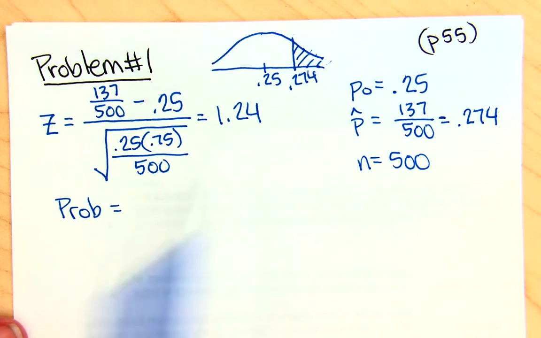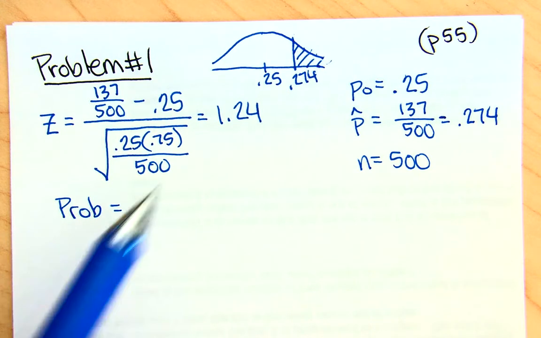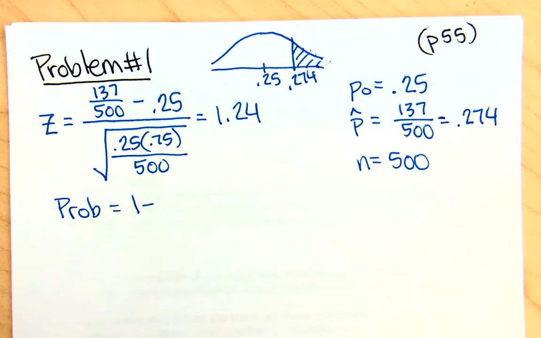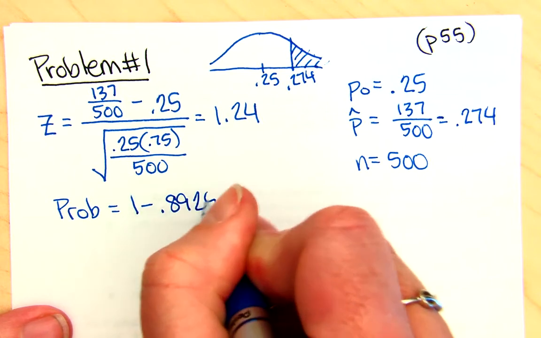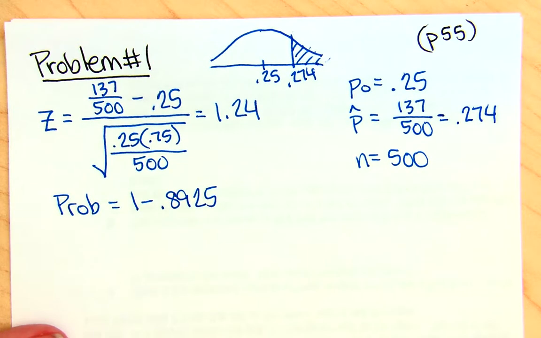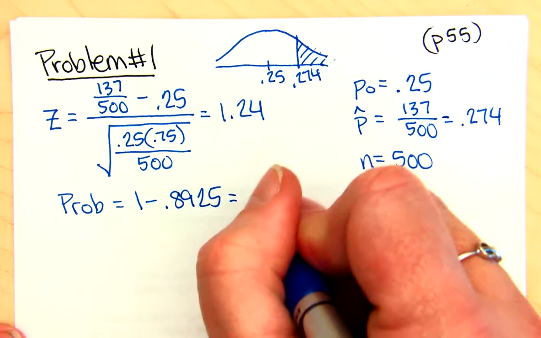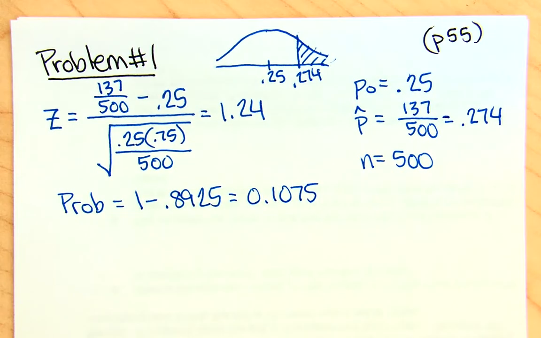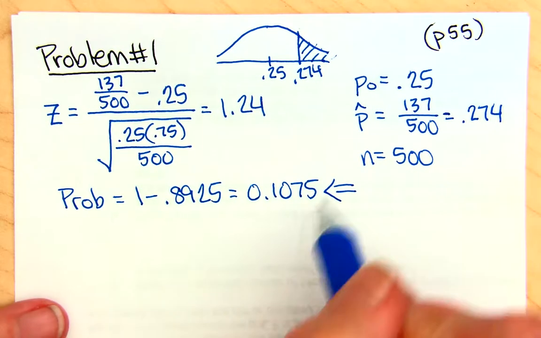So how do I get a probability from the z-score? Look this up on the table, and since it's shaded to the right, I do 1 minus. So that's my probability right there.